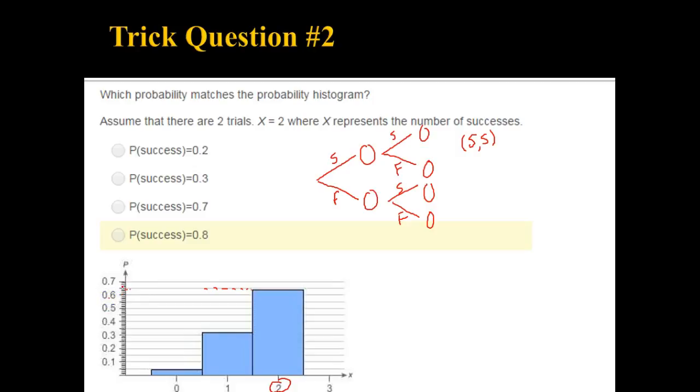So it's almost halfway between 0.6 and 0.7, just under halfway. So I'm going to say 0.64 instead of 0.65. So the probability is 0.64 or 64%. Okay? So the question is then, what probability multiplied by itself equals 0.64 or 64%?